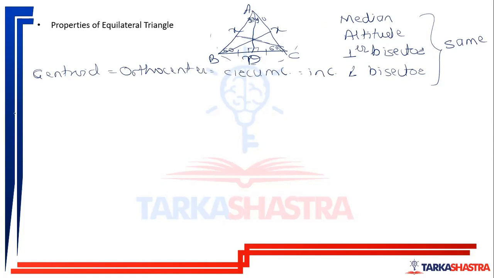So the area of any triangle is equal to 1/2 into base into height. Now if I assume triangle ADC as a right angle triangle, this is 60 degrees, this is 90 degrees, so this will become 30 degrees.